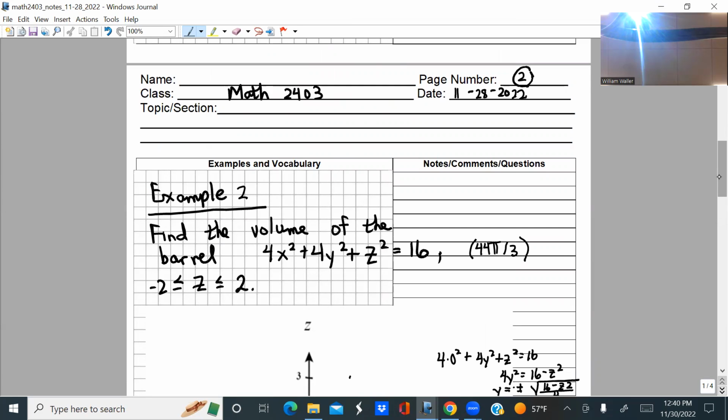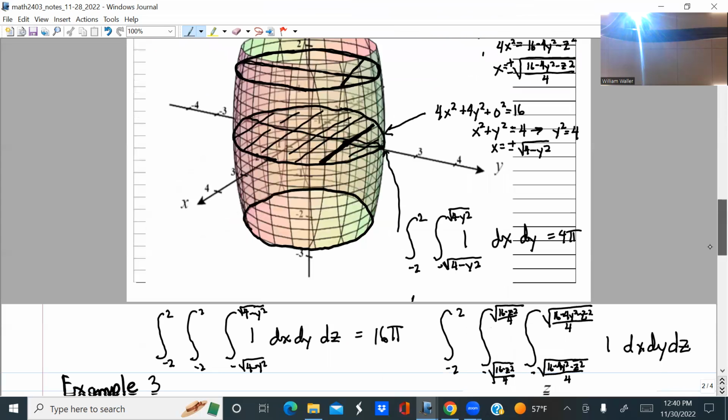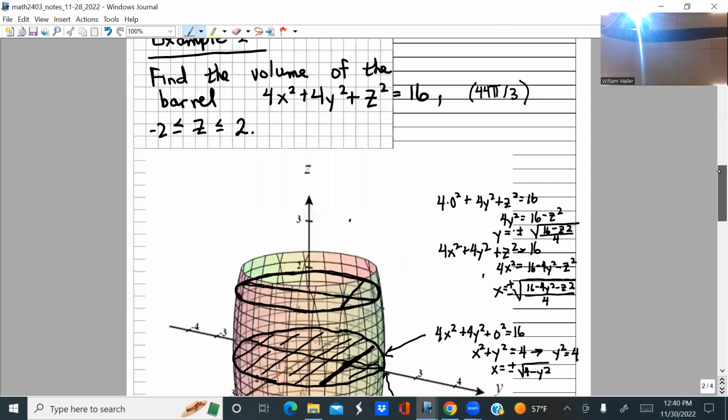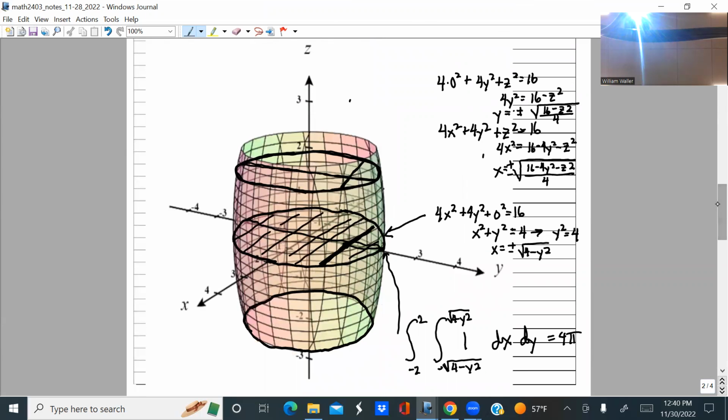So the cylinder we said was 16 pi, right? That's 48 pi over 3. So the barrel turns out to be a little bit less than that, 44 pi over 3, but not much. Okay.